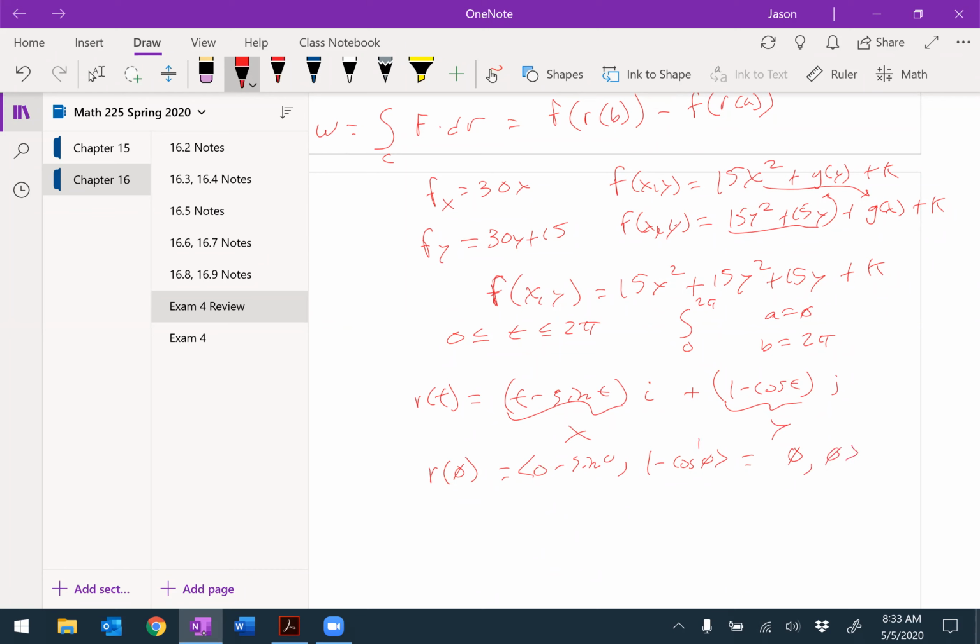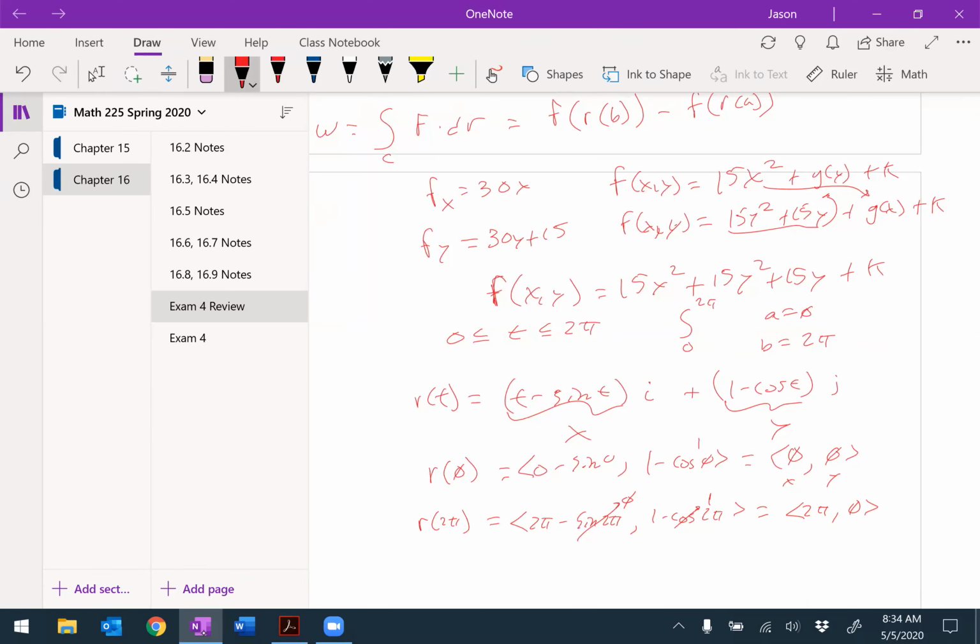So that becomes the vector 0, 0. So x is 0 when t is 0, and y is 0 when t is 0. What about r of 2 pi? This is 2 pi minus the sine of 2 pi, comma, 1 minus the cosine of 2 pi. Sine of 2 pi goes to 0, and cosine 2 pi goes to 1. So we're just left with 2 pi, comma, 0.